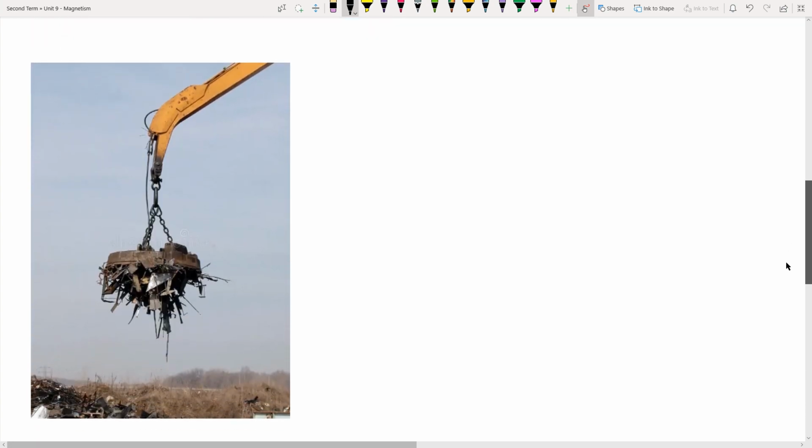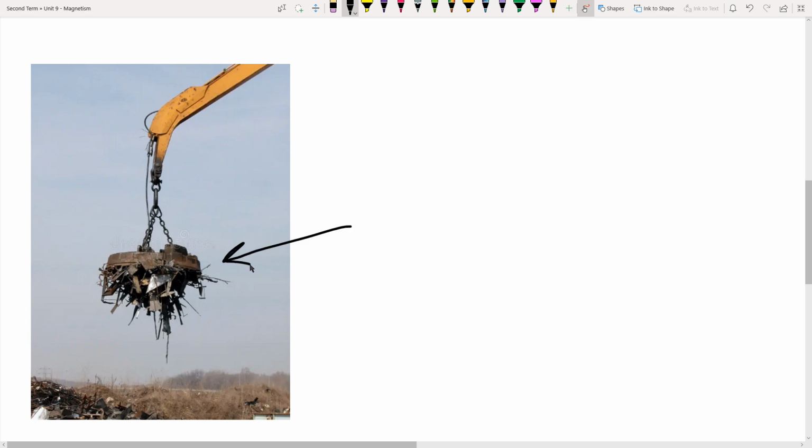So one of the applications that I've taken the picture from is the biggest application of electromagnets, which is the scrapyard, right? Where we can separate metal, iron, which needs to be recycled, from all other materials like plastic, right? Because plastic is non-magnetic, so this electromagnetic puller is not going to be able to pull it up. Only iron to be recycled will be picked up.